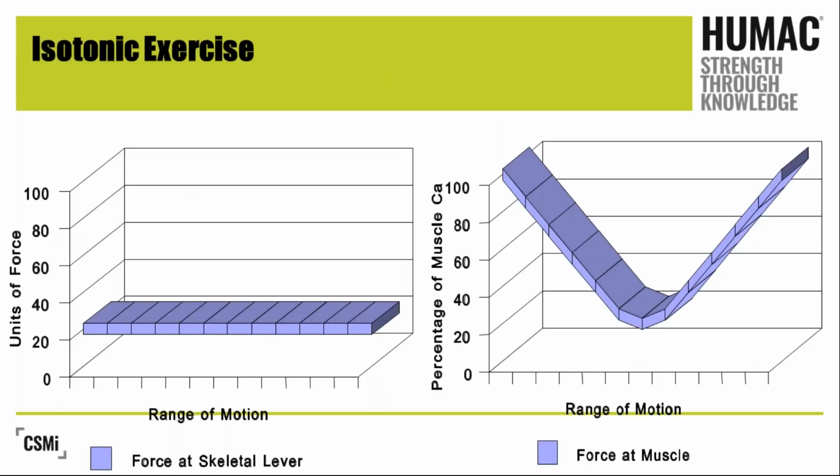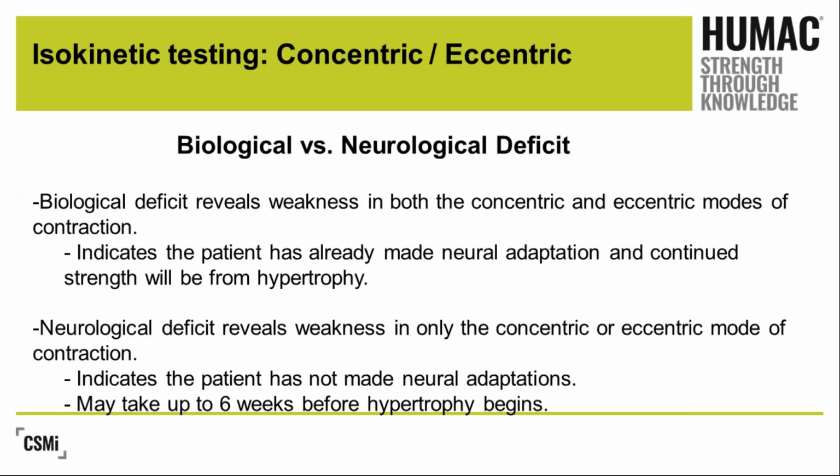So we're coming towards the end, and I wanted to make sure that we had time for questions. But the very last point for me is there can be biological versus neurologic deficits that we pick up with our testing and training methods. So again, biological deficits reveal weakness in both the concentric and eccentric modes of the contraction. It indicates perhaps the patient's already made some neural adaptations.